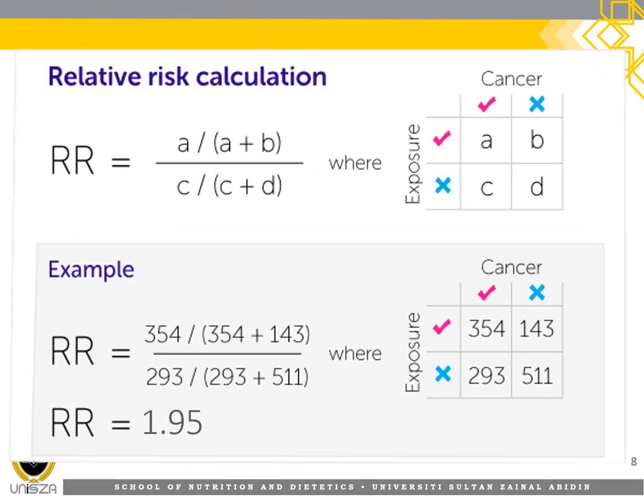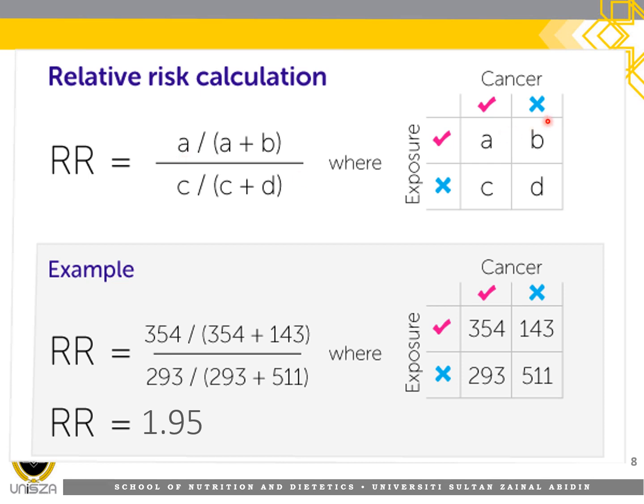Here is an example of how to do a relative risk calculation. This 2 by 2 contingency table will help us to calculate the relative risk. So our relative risk is incidence among those exposed divided by incidence among those not exposed.